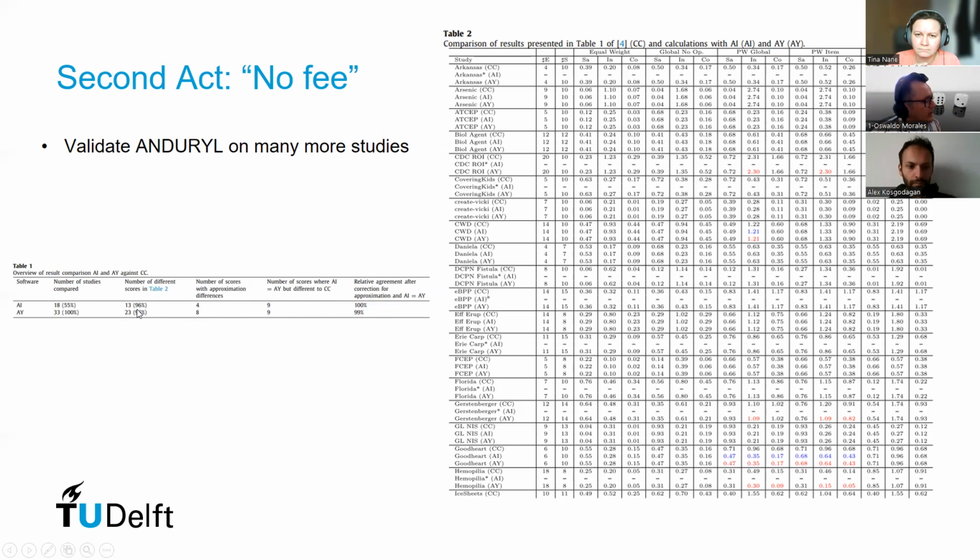But once you account for the precision, the MATLAB version of Anduril already had 100% agreement in these 18 studies, and the Python version had a 99% agreement on 33 studies for global item or whatever decision maker was used in that particular study.